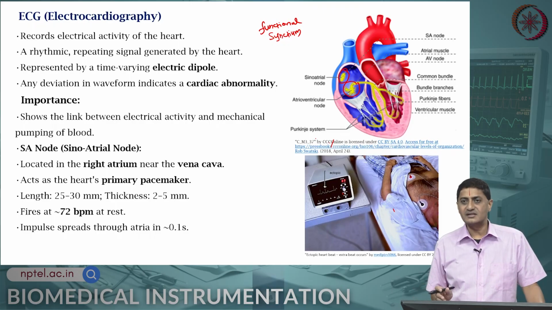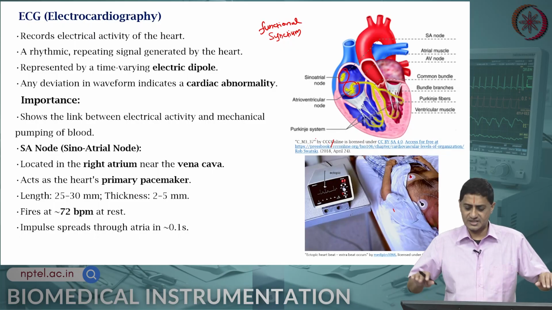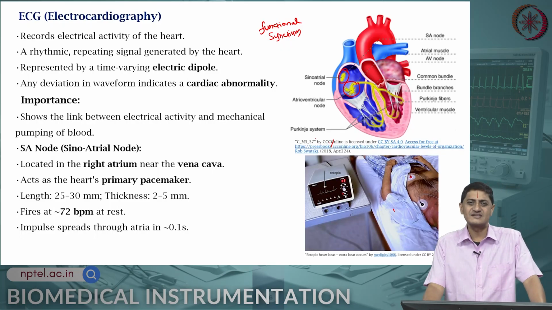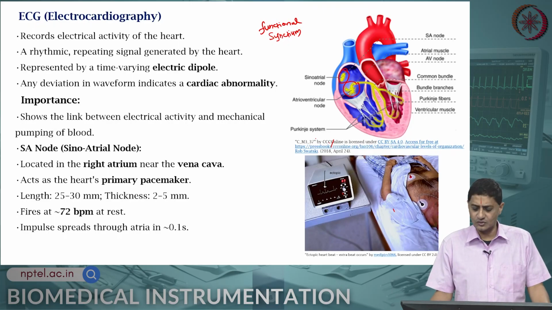Then from the AV node there are two bundle branches. These conducting fibers branch out into two sides. This is called the bundle of His, and then there are two bundle branches, called the left and the right bundle branches, which then branch out further into the so called Purkinje fibers.